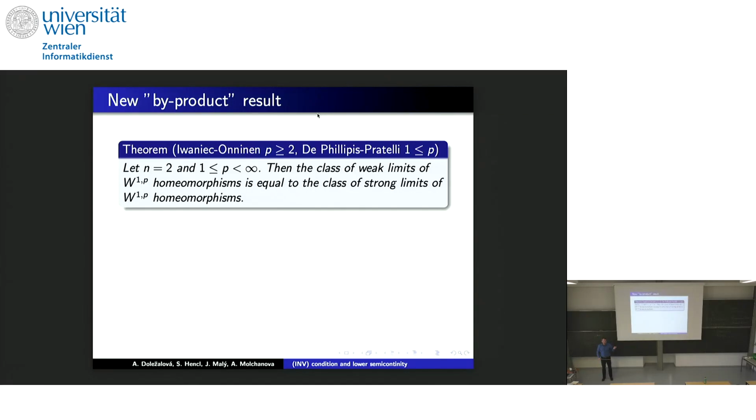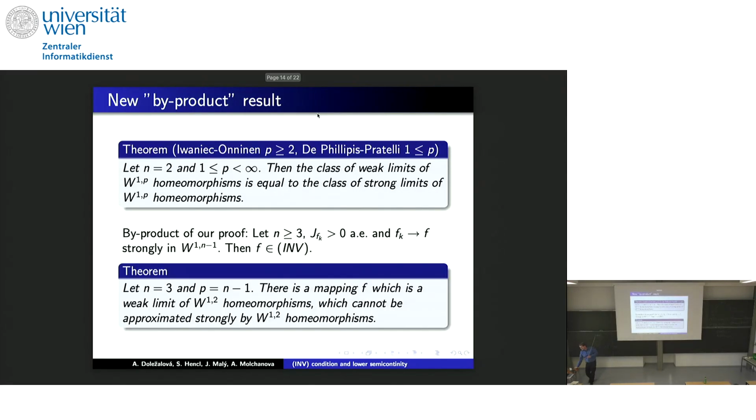Whenever you have a mapping which can be constructed as a weak limit of homeomorphisms, then there is possibly a different sequence of homeomorphisms which is converging strongly, which is very useful if you try to do calculus of variations, because naturally you apply direct methods, you have some sequence which is converging weakly, and you know that the potential minimizer is much stronger. It is even a strong limit, okay? So this is really nice that these two classes are the same in the plane.